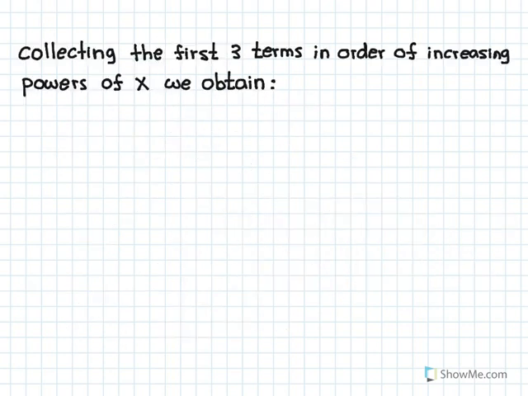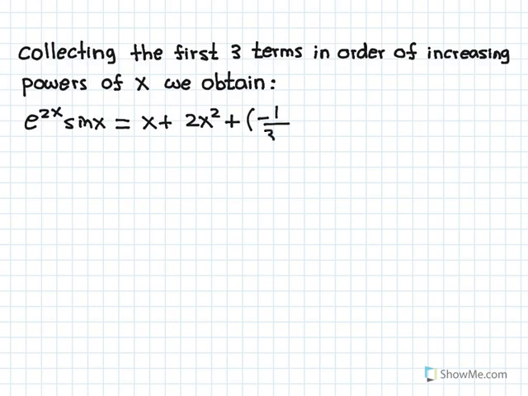So what we have is e to the power of 2x times sine x is equal to x plus 2x squared plus negative 1 divided by 3 factorial plus 2 squared divided by 2 factorial times x cubed, and so on.